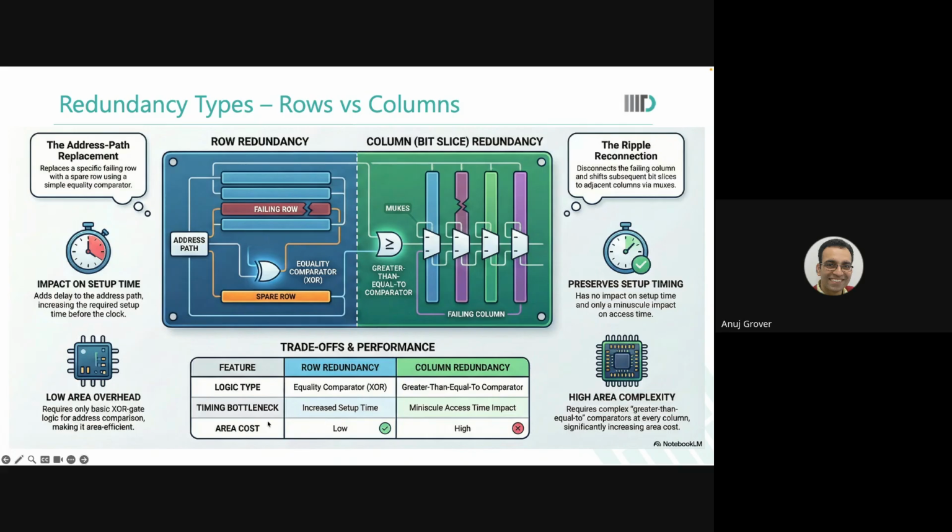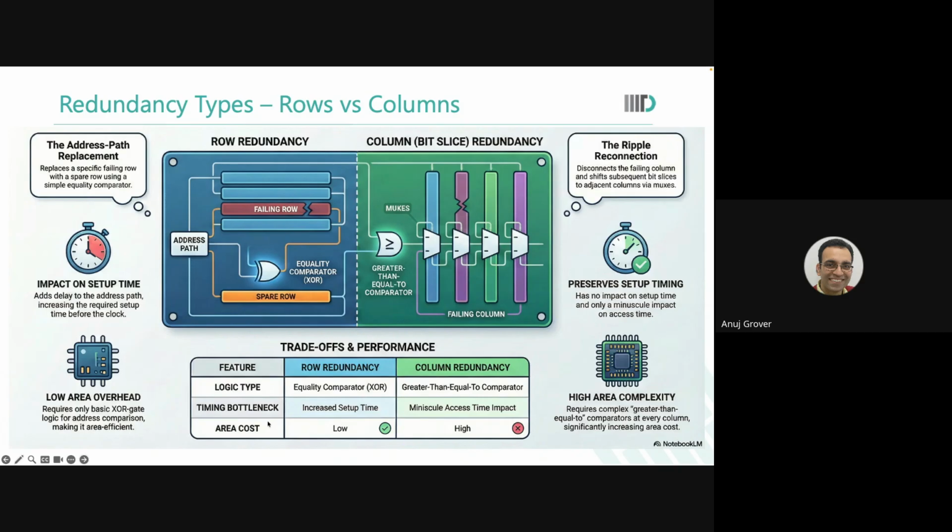Instead of this, let this go into my mux. And this one will also come here. And I just need one extra column here to complete my repair. Are you able to see this?